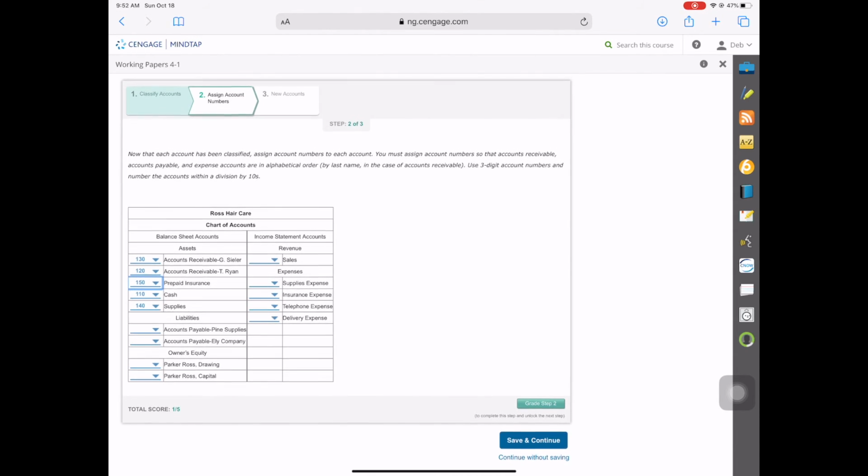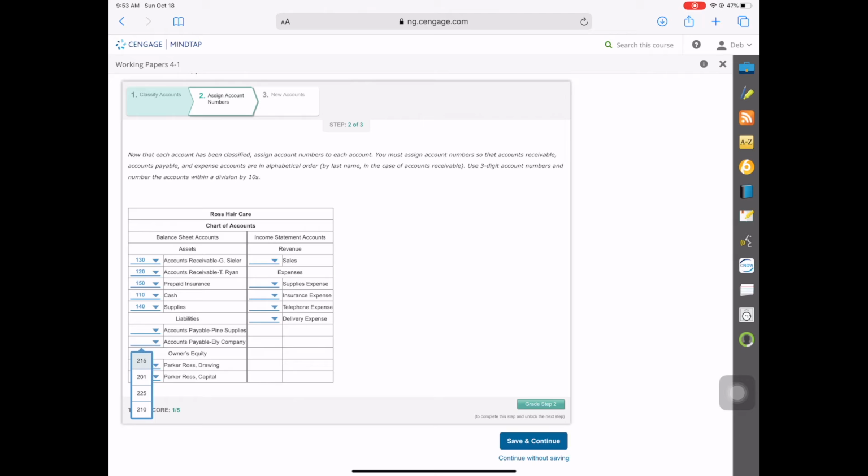Our liabilities, on the other hand, are business names, and so alphabetically, the E comes in front of the P. So this would be our 210 and our 220. Our equity account, our capital account always comes first, and our drawing account second.